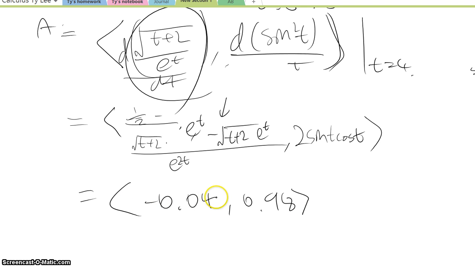By plugging things in, we have a value at t equals 2 and t equals 4, and it's going to get you 0.650.